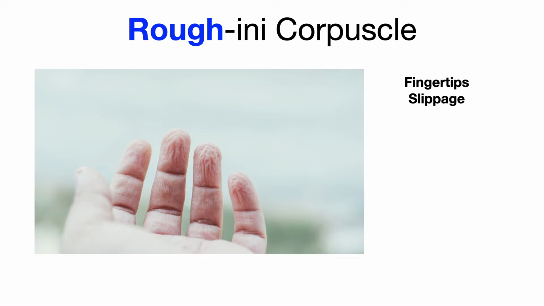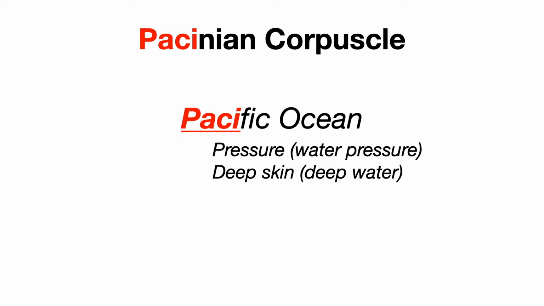For Pacinian corpuscles, I think about the Pacific Ocean, so I call this the Pacific corpuscle. And that's really useful for my mnemonic because it reminds me of a couple things. One is that the Pacinian corpuscle is responsible for pressure sensation, and I think about water pressure in the Pacific Ocean.